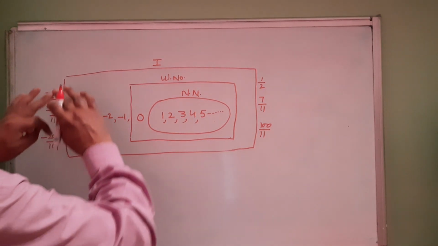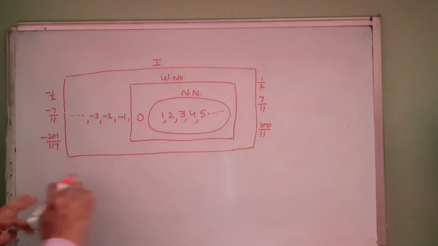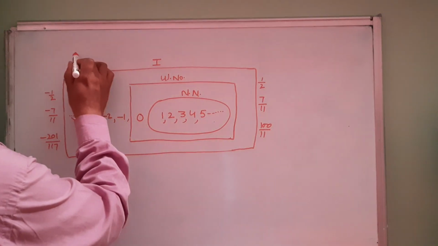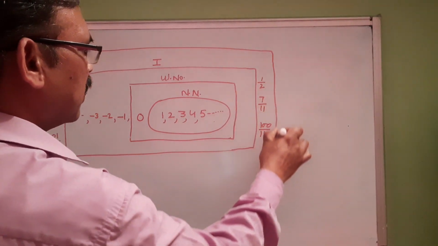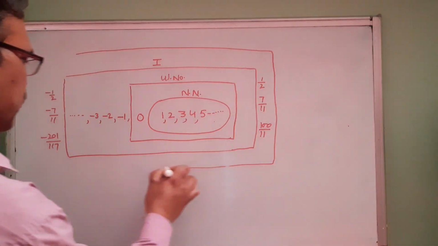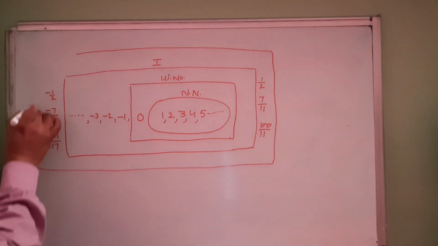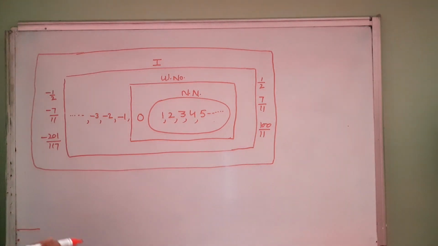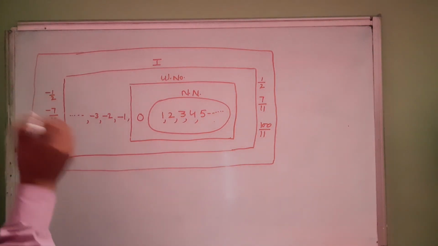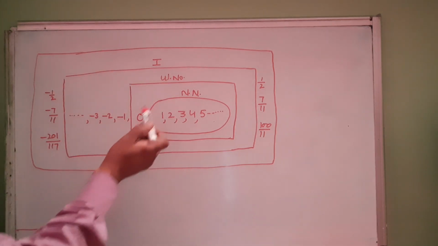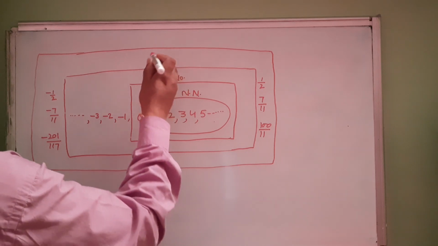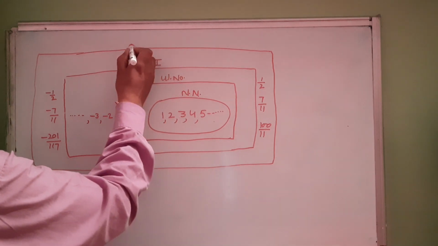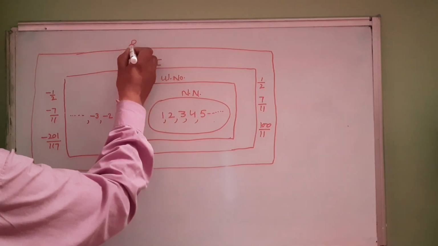Now if we put all these numbers together in some bigger box like this, now see, this bigger box is including what and what? It is including integers, whole numbers, natural numbers. So this bigger box was given a name, rational numbers.